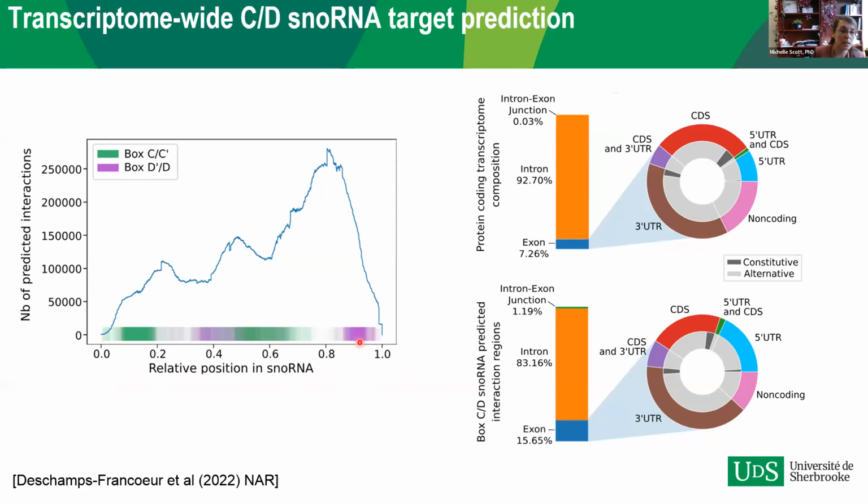What you can see in color here is in purple the box D and the box D' regions, as well as in green the box C and the box C' regions. So they don't always exactly overlap. That's why you see smears here, but generally the guide regions that are involved in canonical interactions will be immediately upstream of the box D and D'.